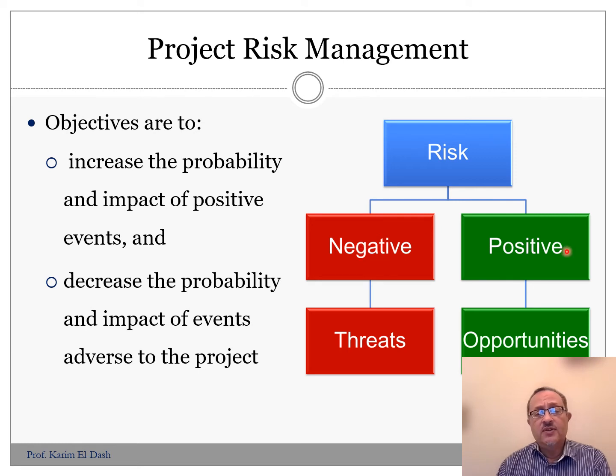How about positive risk? Let's talk about money. Negative risk is if the prices are increasing. That's a common thing; it happens all over the world most of the time. So that's a negative risk. How about if the prices are increasing 1% or 2%?